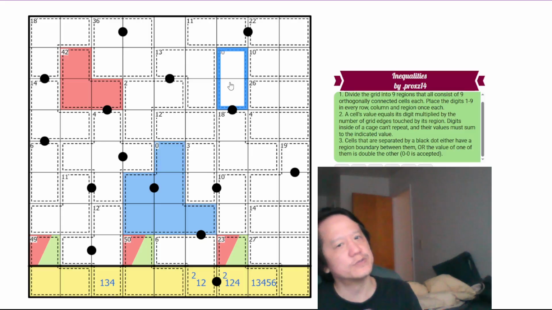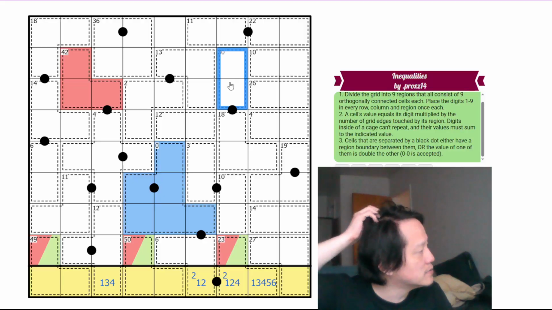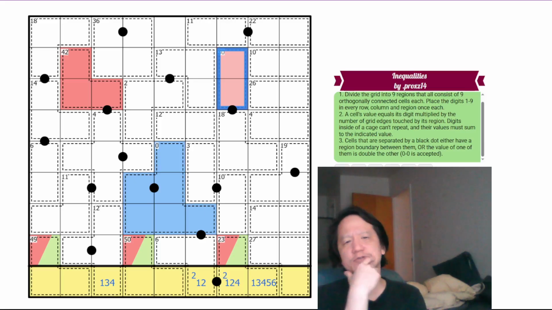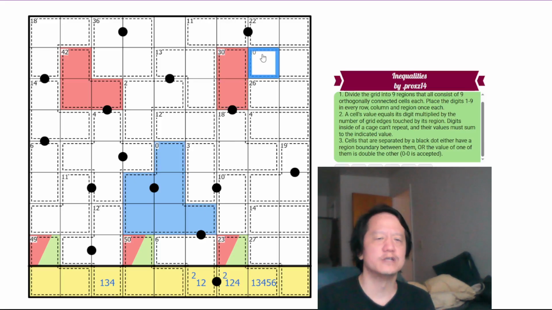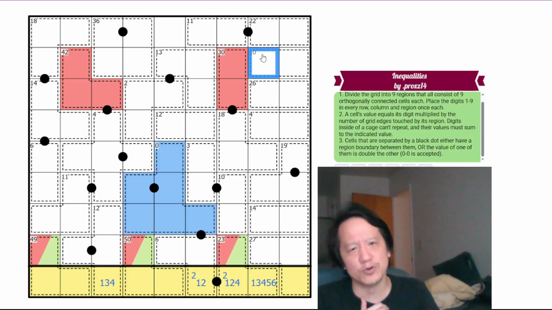That's possible. Because 9 times 2 is 18. Oh, no. That's not possible. These both touch 2. So those both touch 2. Because 9 plus 8... Right. 9 doubled is 18 plus 8 is only 26. So they both must touch 2.